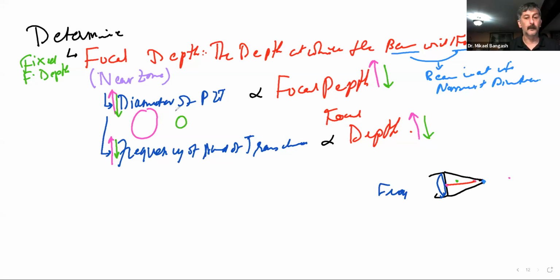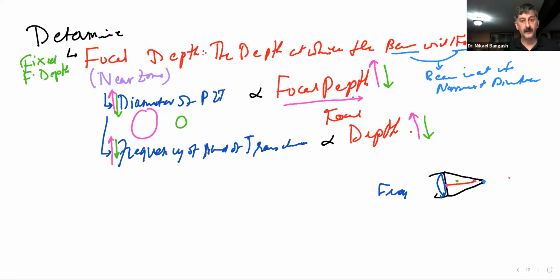Clear? So the diameter of the PCT is directly proportional to the focal depth, which means a great focal depth, or the beam will focus at a great depth.